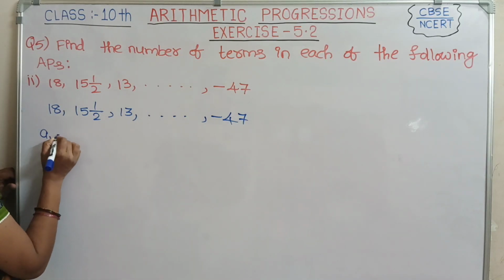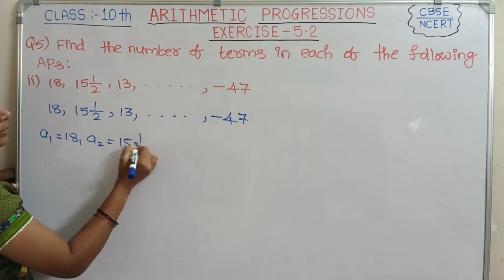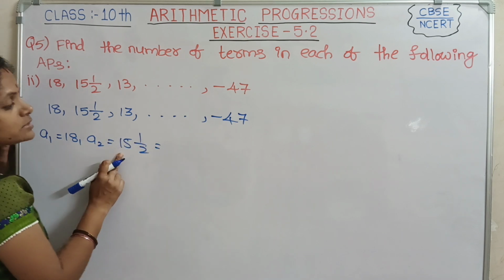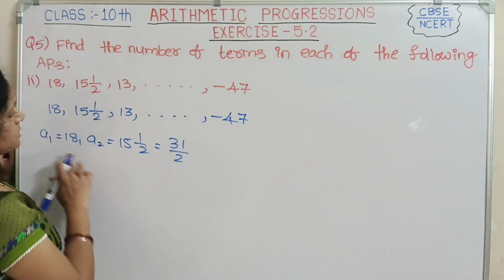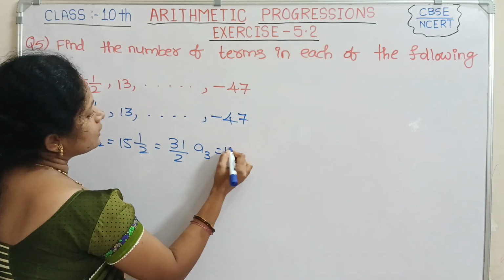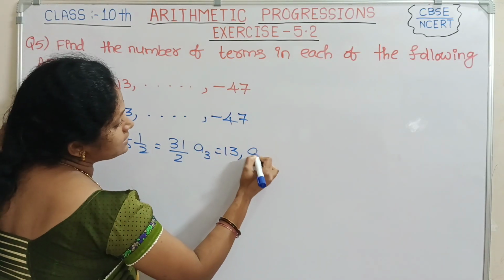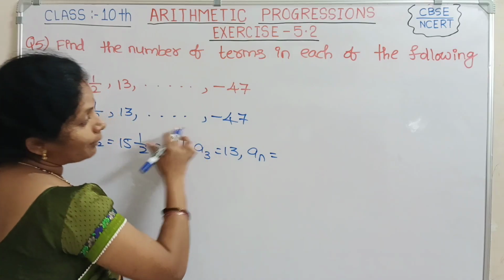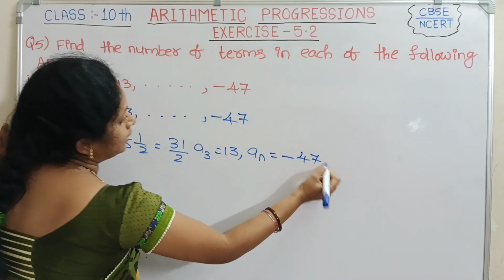We'll write a1 is equal to 18, a2 is equal to 15 and 1 by 2, 15 twos are 30, 30 plus 1 is 31 by 2. Next a3 is 13. Here an is minus 47 because we don't know how many terms there are. So an is equal to minus 47.